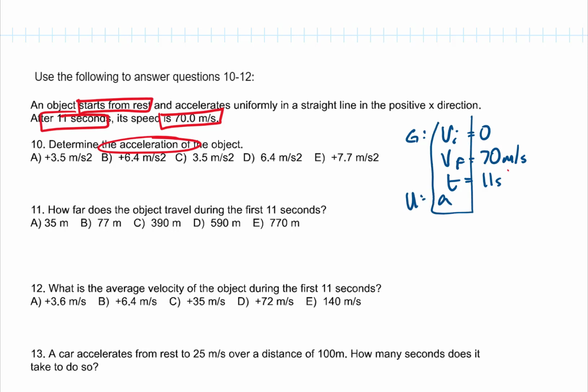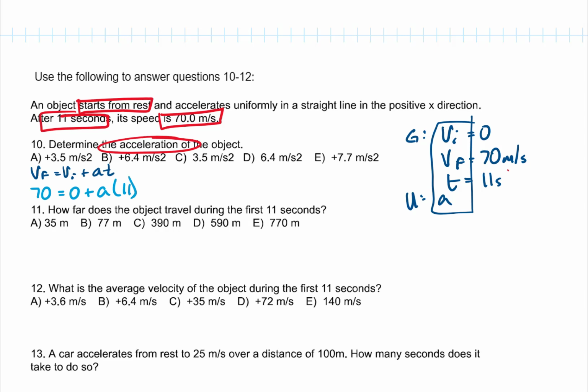So I want to pick an equation that has all of those things in it. So we got v final equals v initial plus acceleration times time. We're going to plug in our numbers. 70 is equal to 0 plus acceleration times 11.